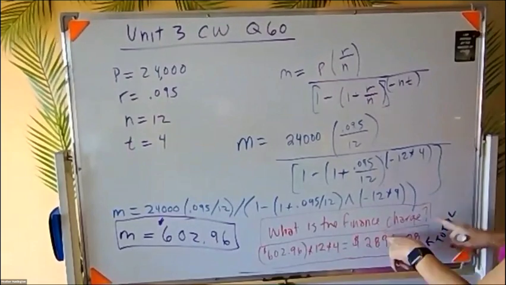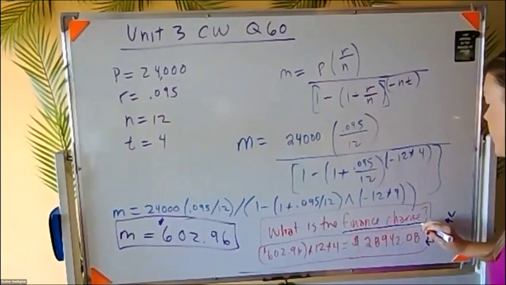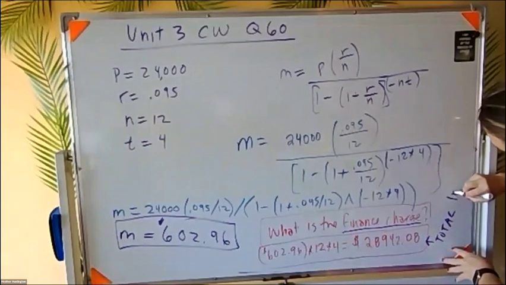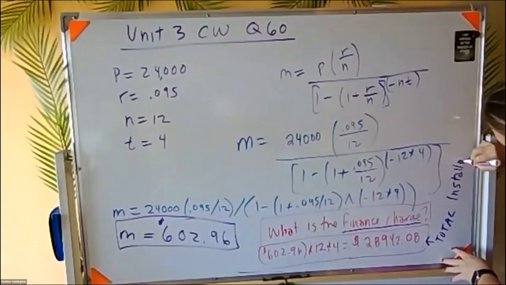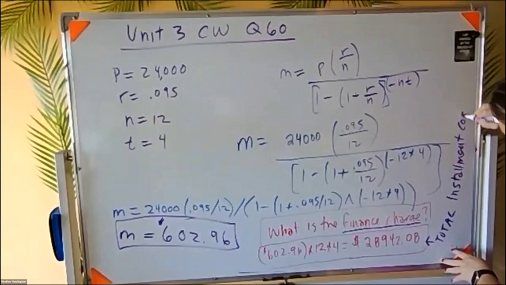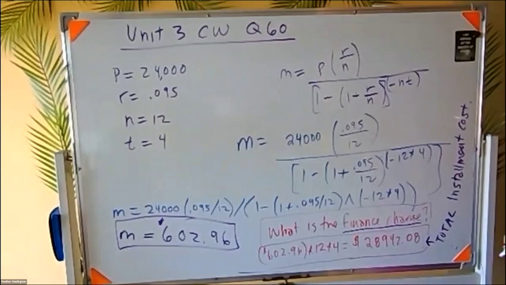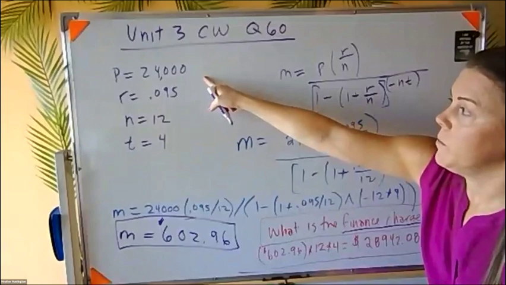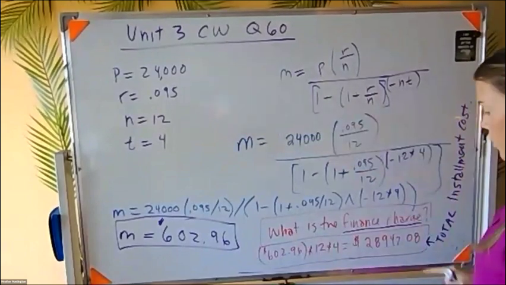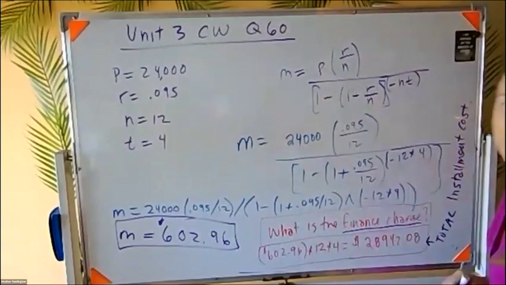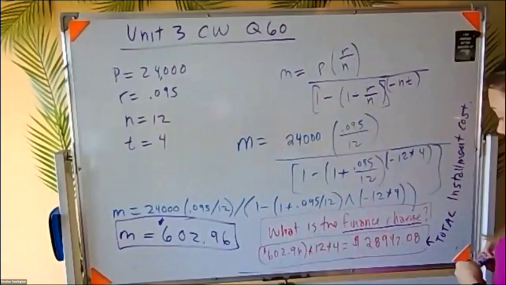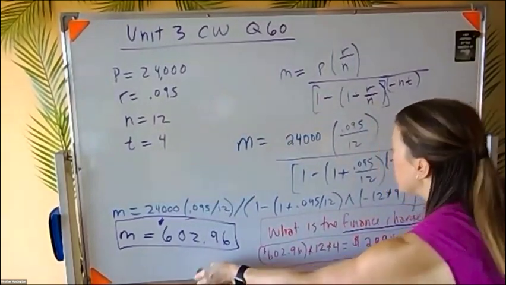But now I'm asking the finance charge. So how much did we pay just in interest? We borrowed that much. So wouldn't we just do this amount minus that? Good. Very good. I see some answers that are correct there.